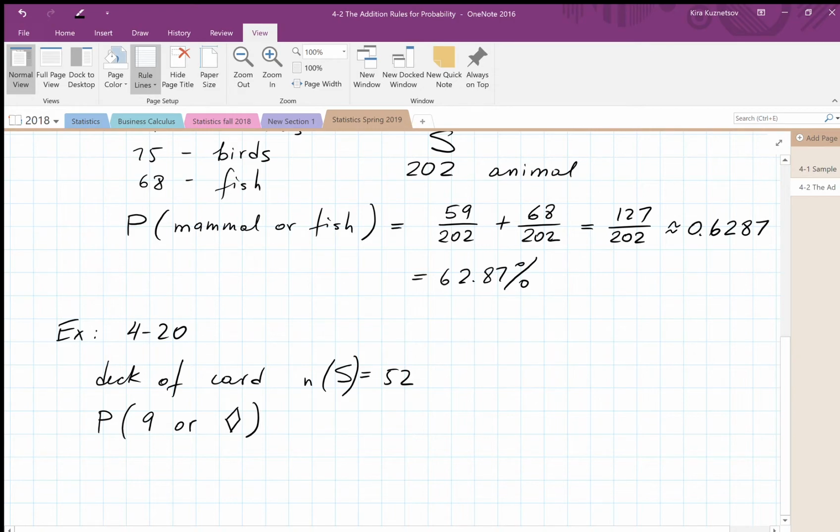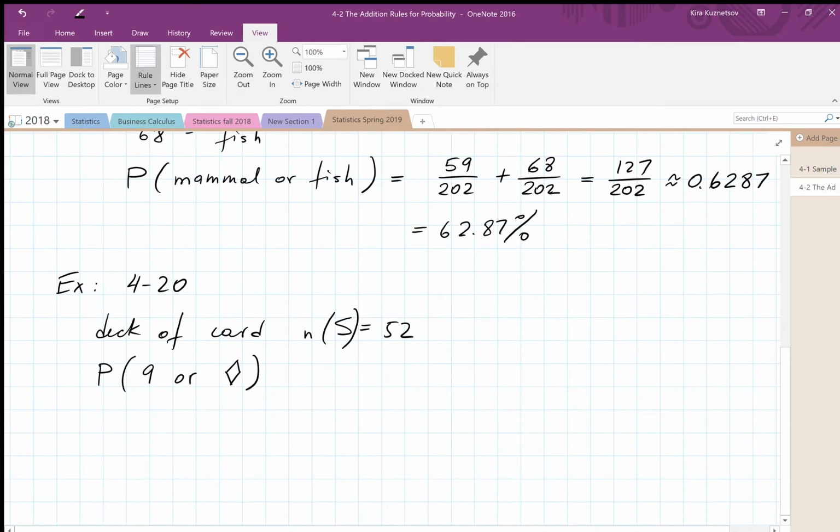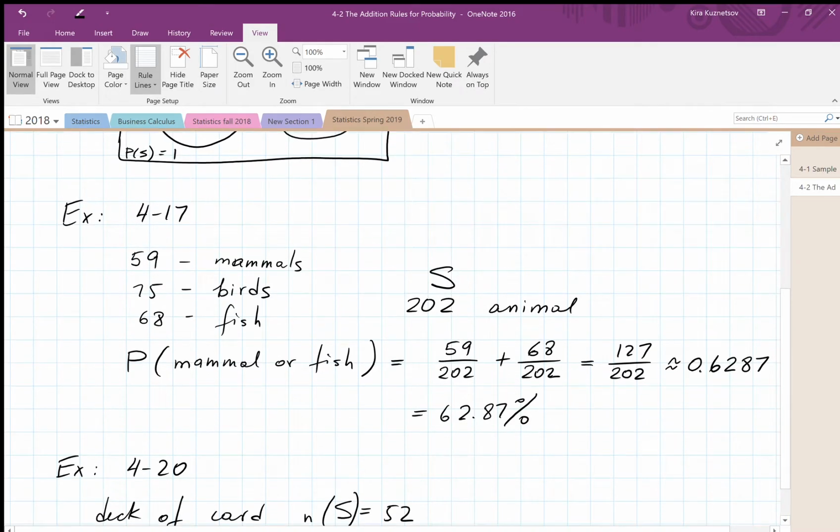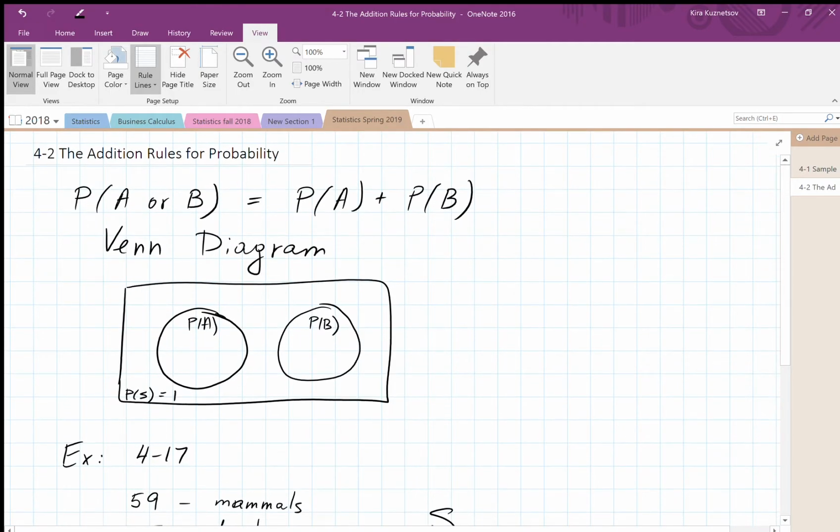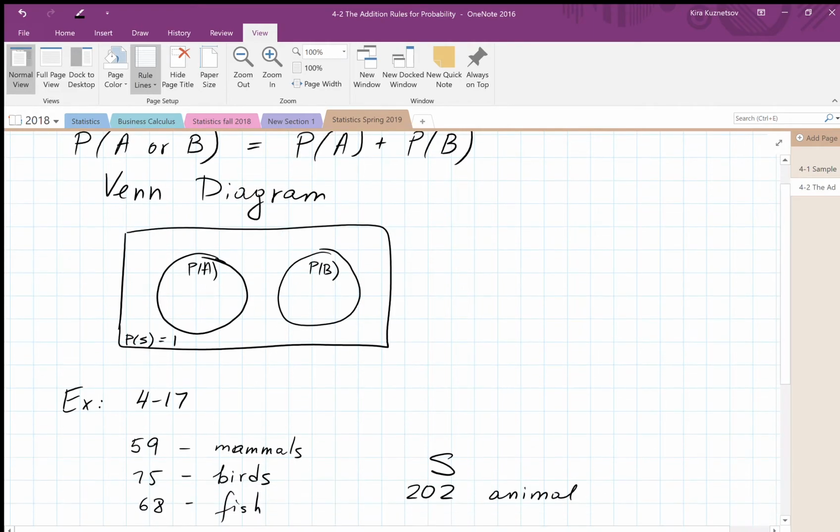Now, the question that you have to ask yourself is, is there such a thing as the 9 of diamonds? And the answer is yes. So the formula that you have up here, which is formula number 4 on your formula handout, will not work anymore because this one is for mutually exclusive events.